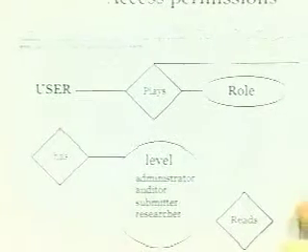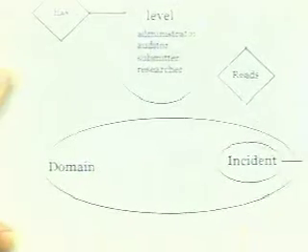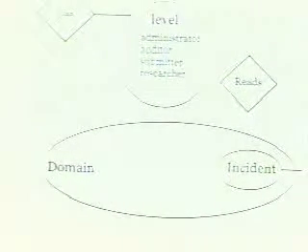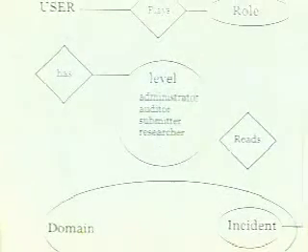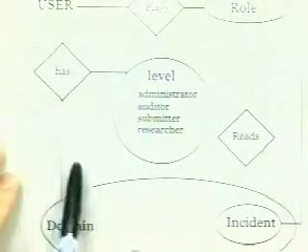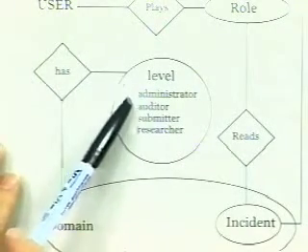Now, I'm going to talk a little bit about how the database works and how it's constructed. You've got different domains for every entity that wants to use the database, and inside it you have plenty of incidents. Now, a user can have access to a domain with various levels of privileges.